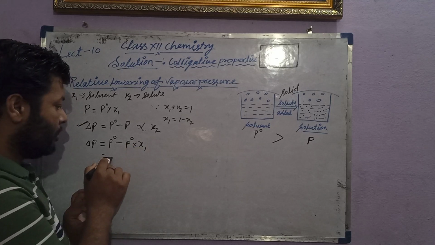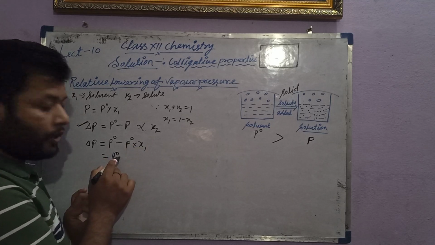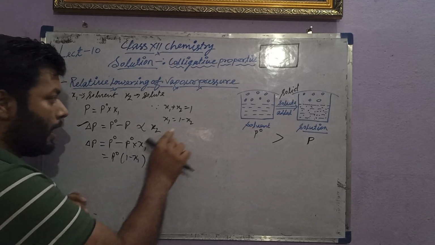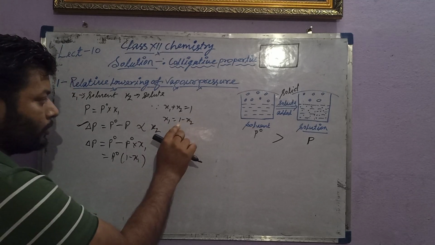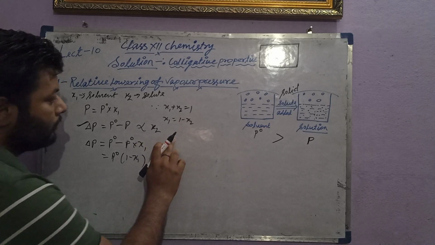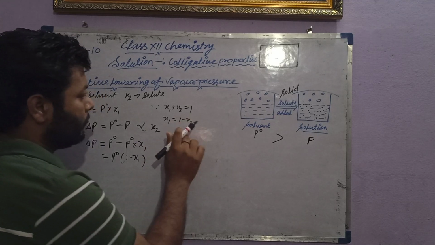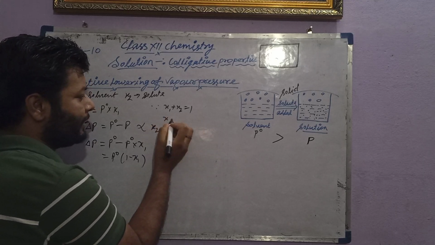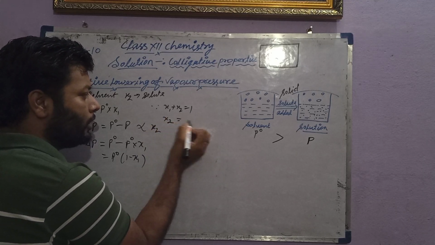take P naught as common, then the value will be 1 minus x1. And 1 minus x1 can be written as x2, since x2 equals 1 minus x1.